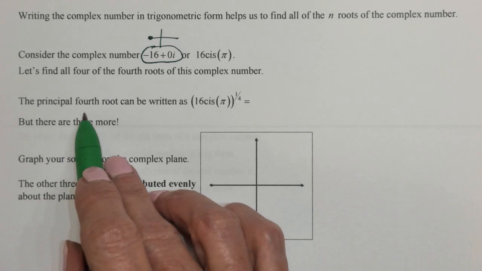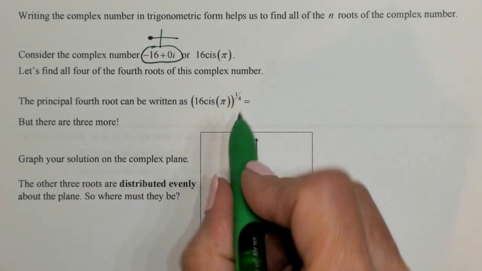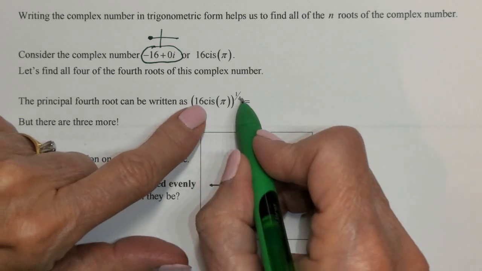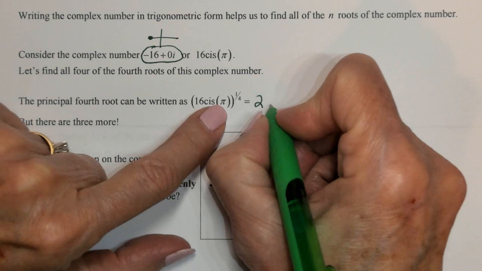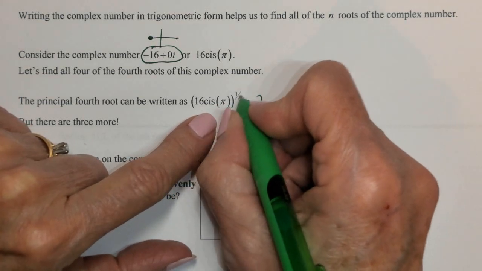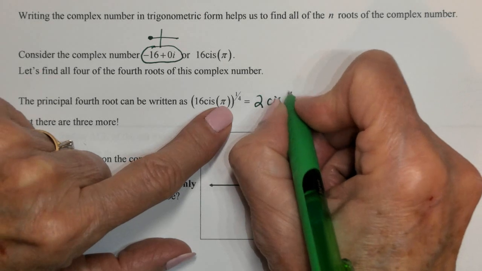The principal 4th root can be written as 16 to the 1/4. 16 to the 1/4 is 2, and then multiplying the power to the argument, cis of pi over 4.